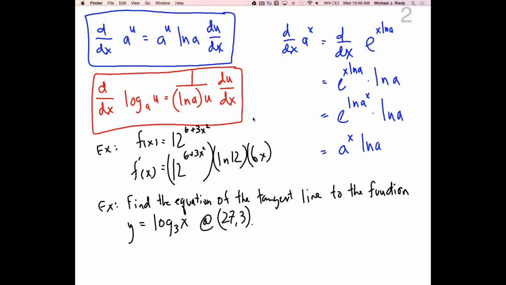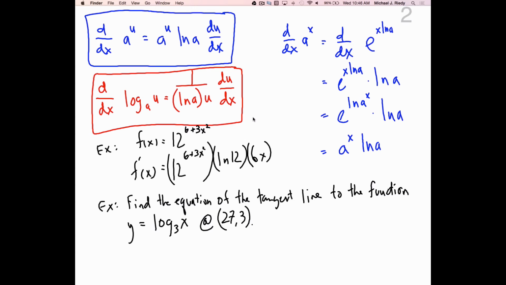Going back to basics, what are the two things we need for the equation of a line? Point and a slope. Do we have the point? Yes. Yeah, I gave you that. How do you find the slope? Derivative. So find the derivative of that, then what? Plug in the point, get the slope, write the equation of line. Go ahead.